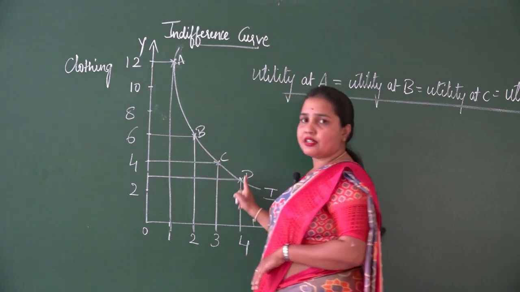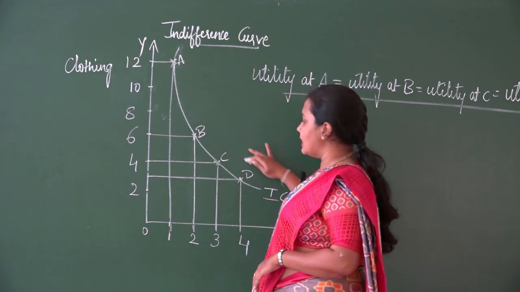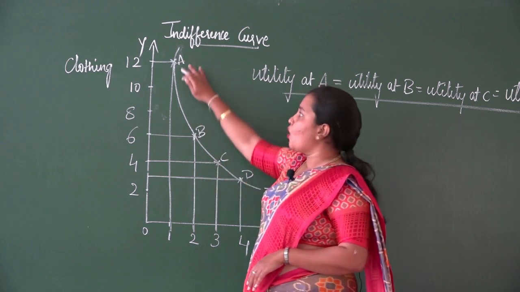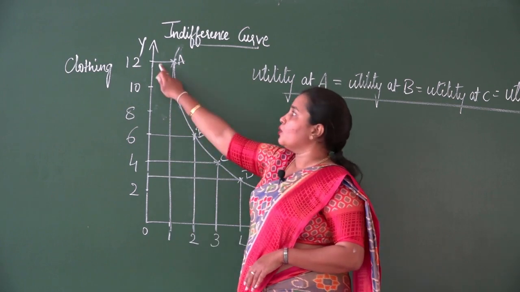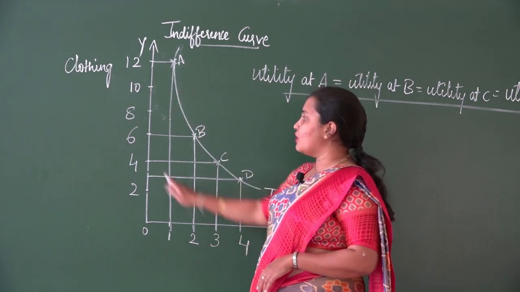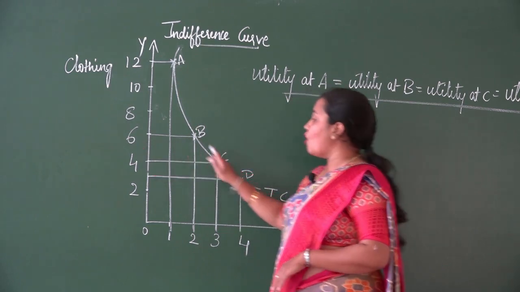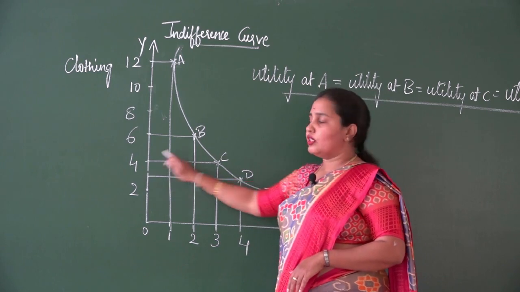There are 4 combinations that we have taken in this diagram, A, B, C and D, which you are very much aware of. Combination A consists of 1 unit of food and 12 units of clothing. Combination B consists of 2 units of food and 6 units of clothing. Combination C consists of 3 units of food and 4 units of clothing.